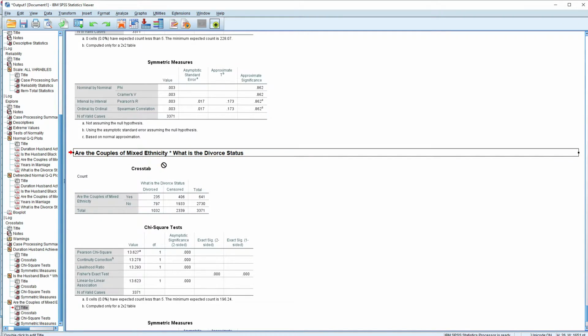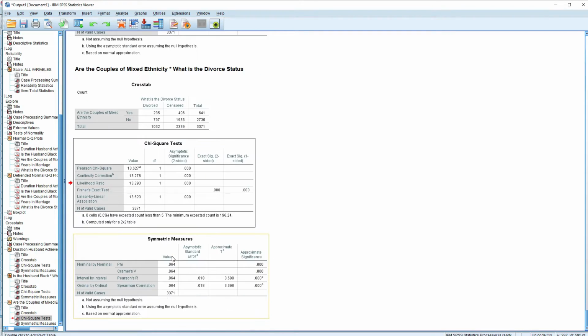Now, the next research question is to assess, is there an association between the couples being of mixed ethnicity and the divorce status? Going directly to the chi-square test, we find that there is a significant association between the ethnicity of the couples, or whether the couples have mixed ethnicities, and the divorce status.